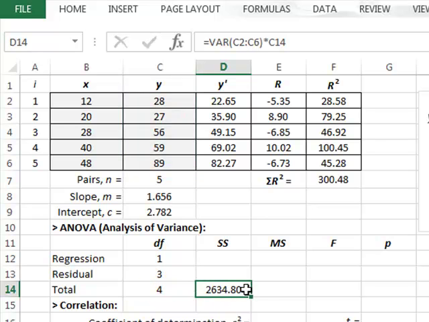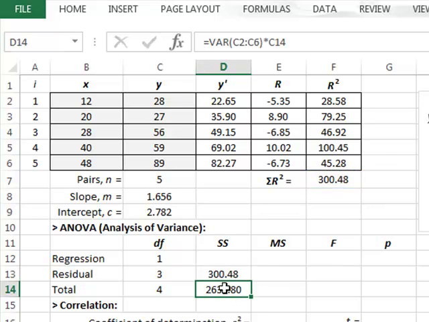So this gives out the total sums of squares. We have calculated the sums of squares in the residuals in F7, so we can just copy this value into D13.